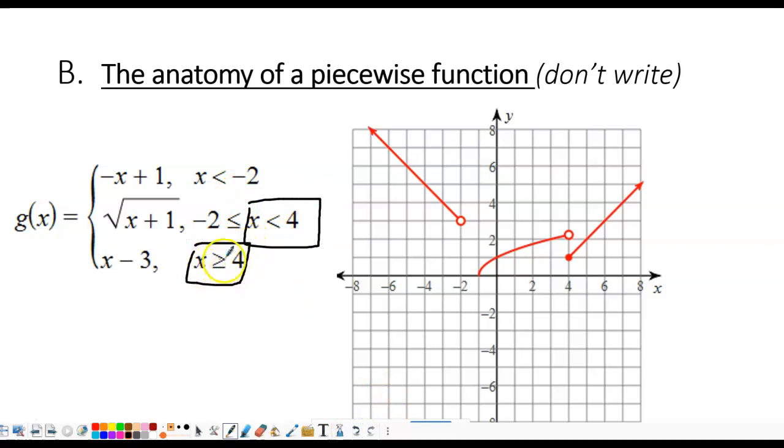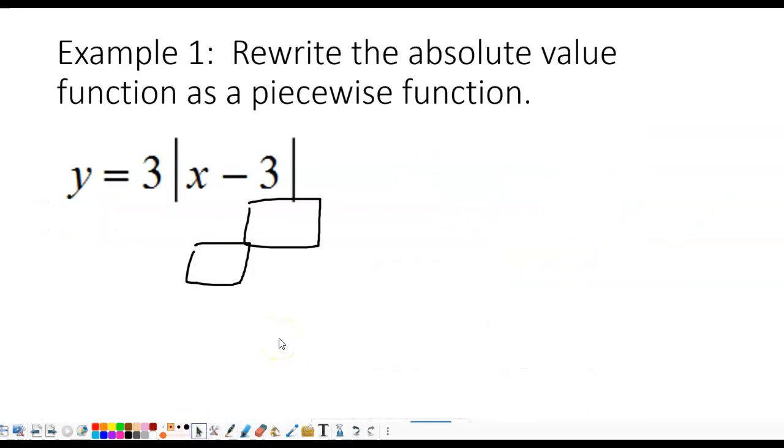This is where x can actually equal 4. For the other piece, even though we have the dot at 4 there, it can't actually equal 4. So it's an open dot for the square root function, but for the linear function, it actually equals 4. We'll get into that a little more on a later date. But for now, if that's confusing to you, don't worry. We'll clarify it more in another lesson.